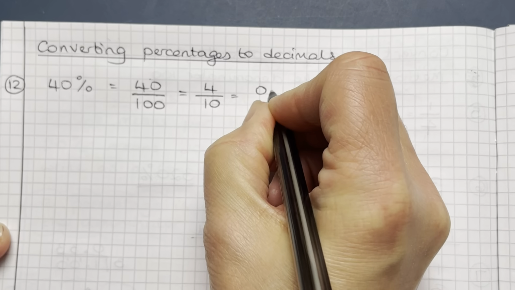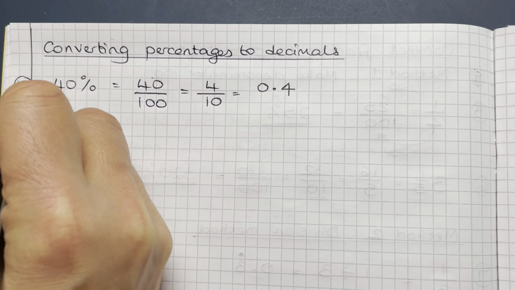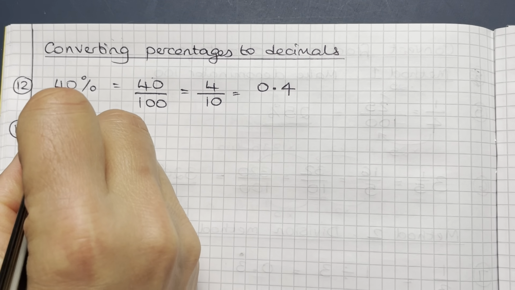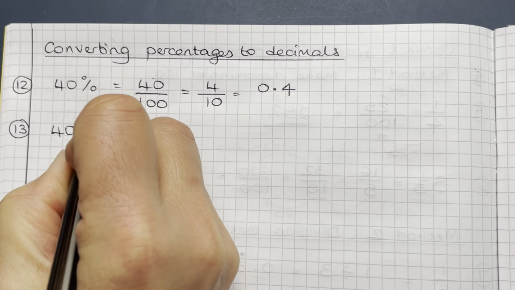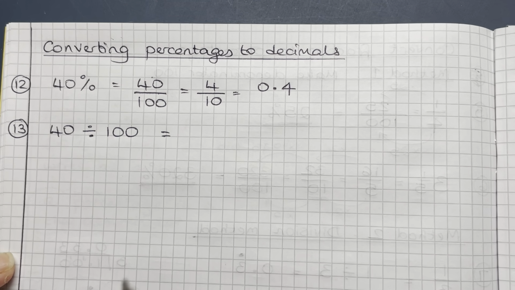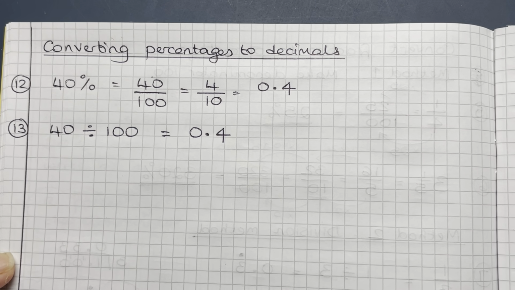So my answer is 0.4. Alternatively, exactly the same as the two different methods previously, I could do 40 divided by 100. Moving the place value twice to the right is going to give me 0.4.